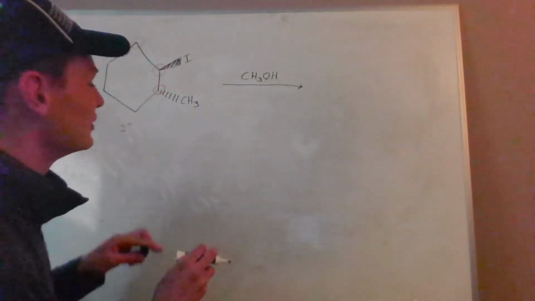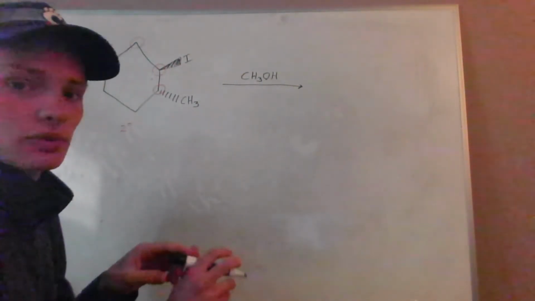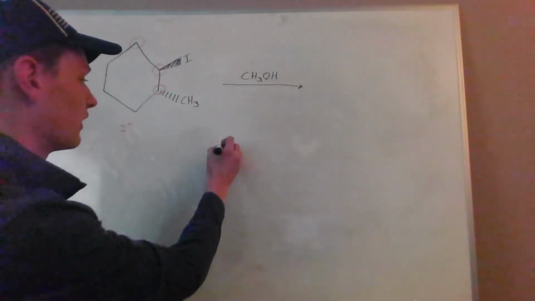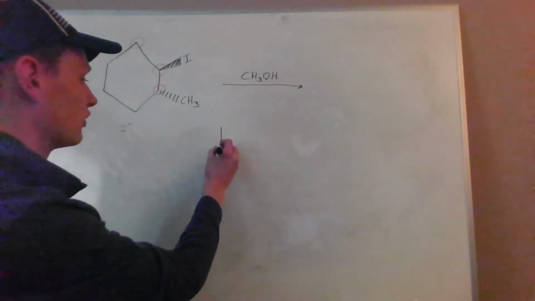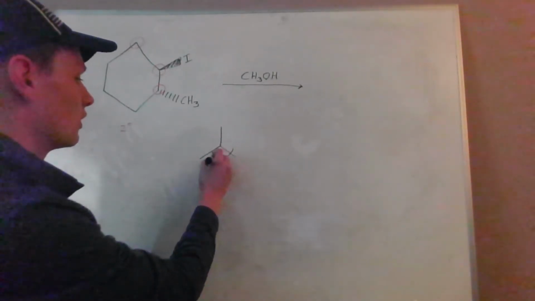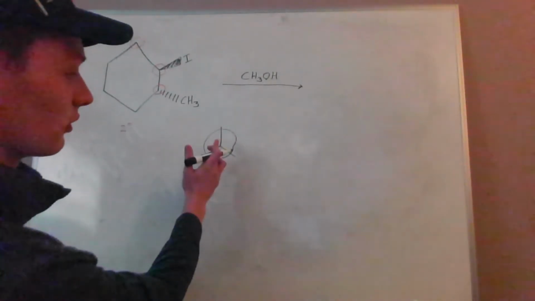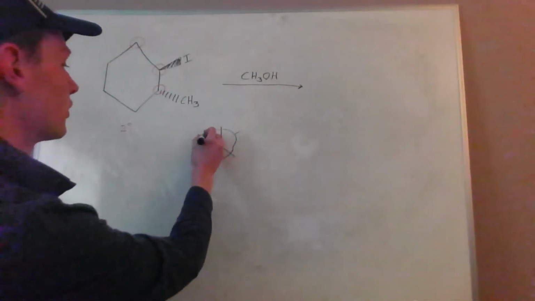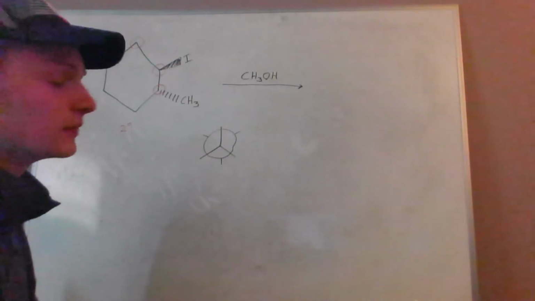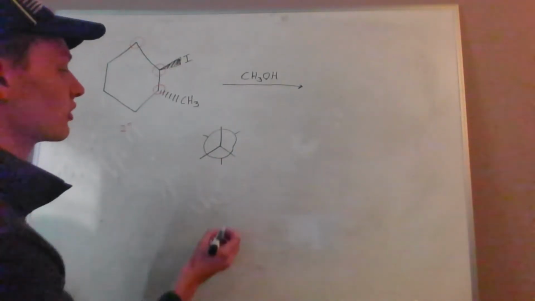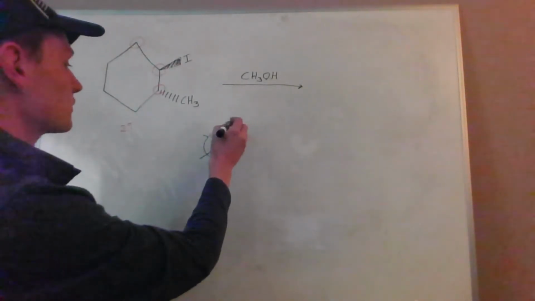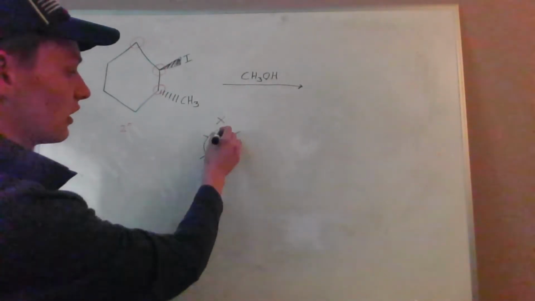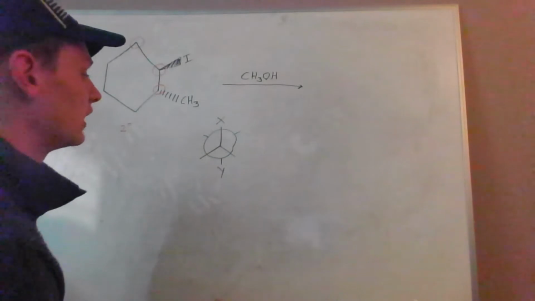So if you did Newman projections where you look down a carbon-carbon bond and you have the 3 groups on each carbon, it means that the dihedral angle between your main groups, so like we have X and Y here, would be 180, right?